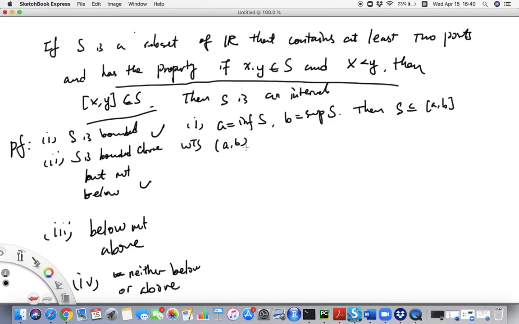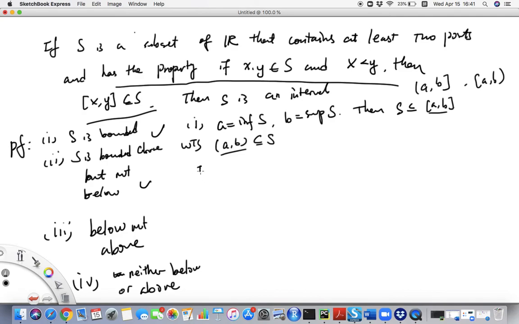We want to show the open interval (A, B) is a subset of S. Then S has to be either this or this or this or this, and in any of the cases, S is an interval.